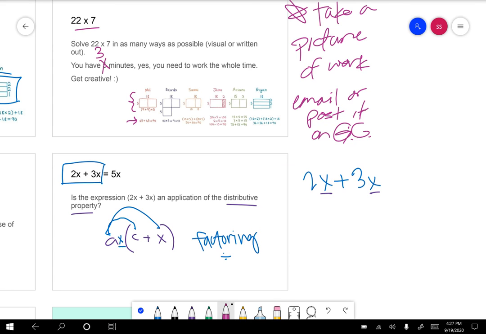But again, when we're distributing, we multiply it to both of these things. So it'd be, if instead of a times c plus x, it'd be a times c plus a times x. So essentially, instead of going this way, we're going to do the opposite and carry that x out.